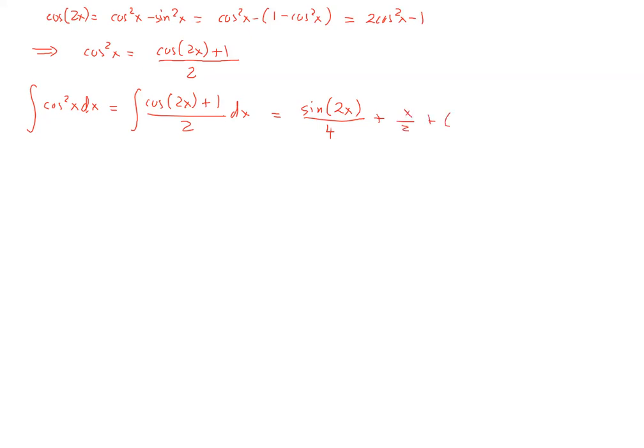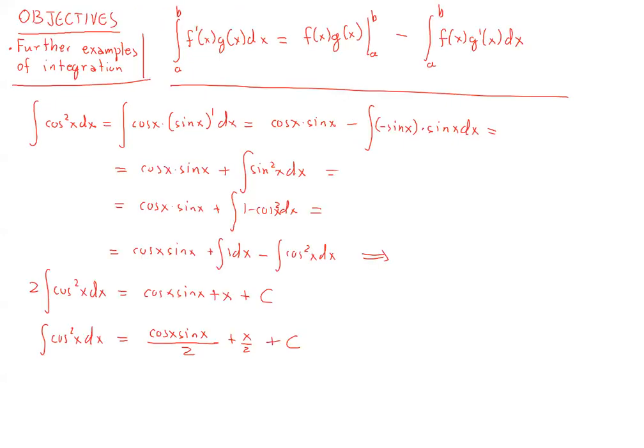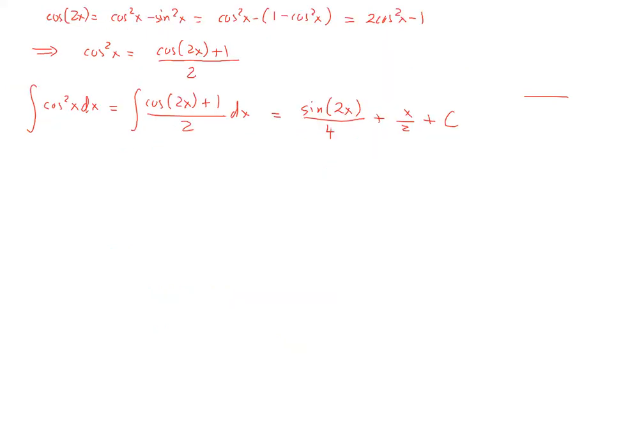You might think that if you look at the previous answer that we found and compare it with what we just found, they're not the same. Well, they are the same. All you need to do is take into consideration that sine of 2x is equal to 2 sine x cosine x, and then you will realize that they're indeed the same.